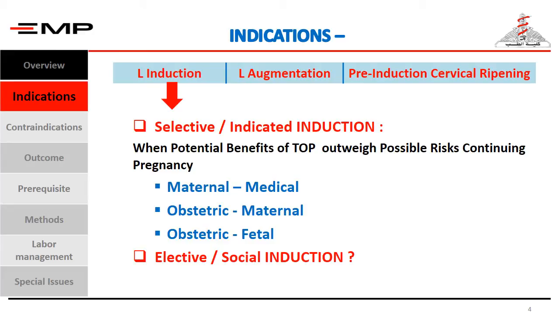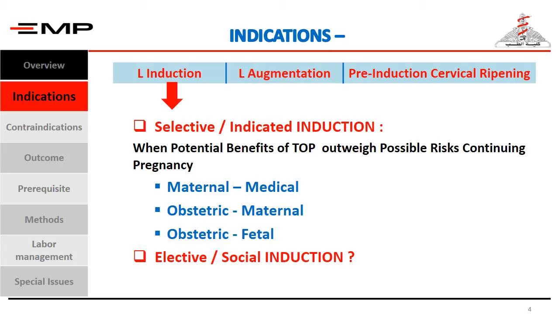As for the procedure indication, labor augmentation is indicated to correct uterine dysfunction during labor with the intention to increase progress and achieve vaginal delivery. Cervical ripening methods are interventions used to improve cervical condition to facilitate dilatation once labor is established and increase chance of vaginal delivery.